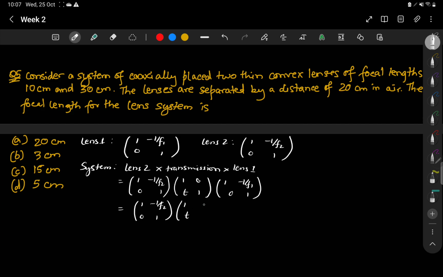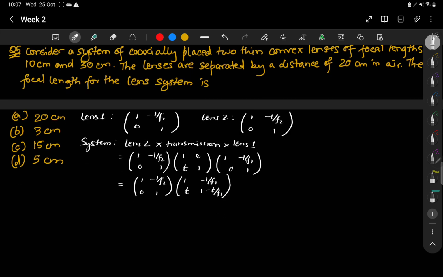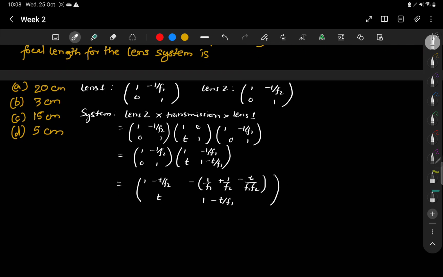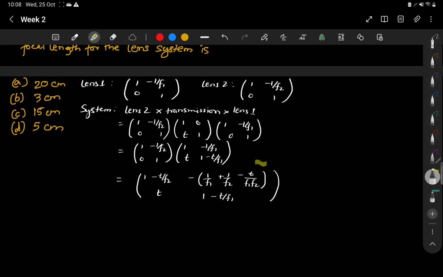Multiplying, now we will look at this. This term gives us the focal length.